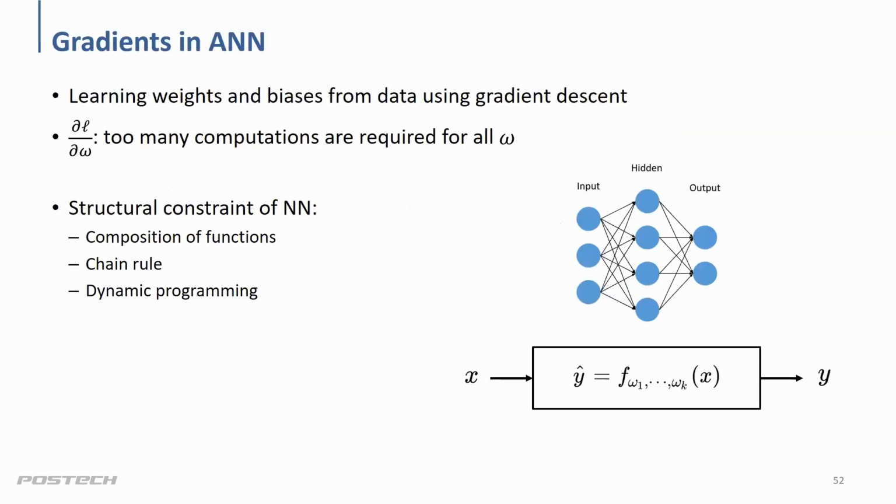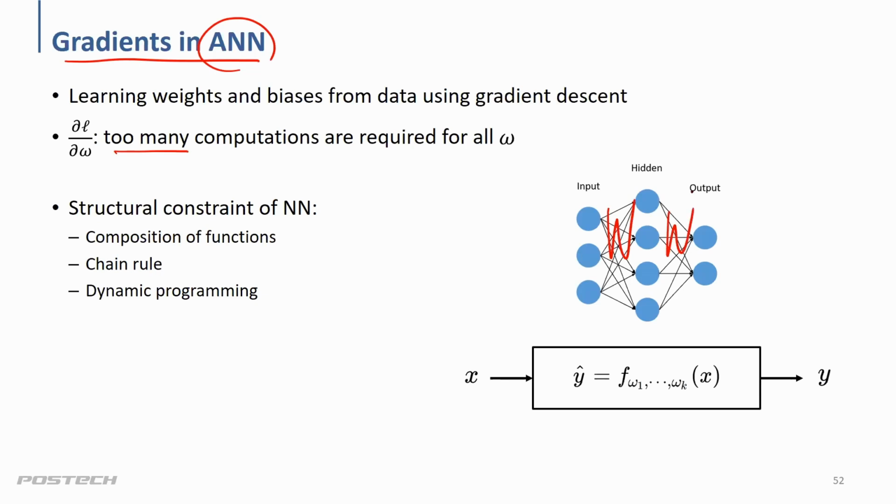Let's go back to the original problem. We can use a gradient descent method, which is a generic numerical way to solve optimization problems. But one of the issues for neural nets is that there are too many weights.